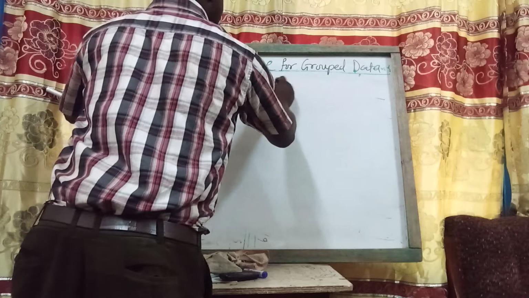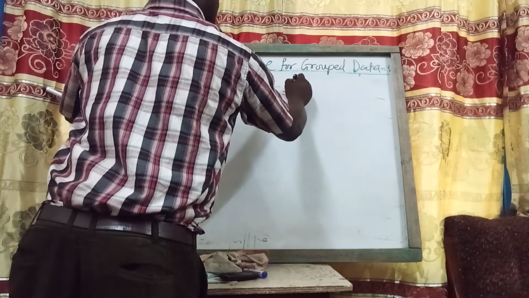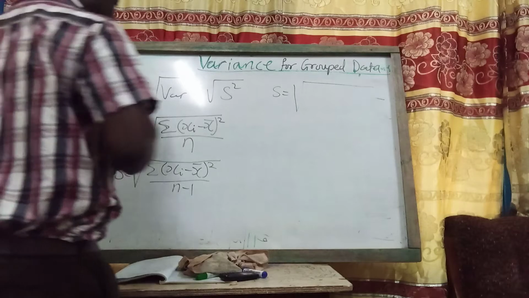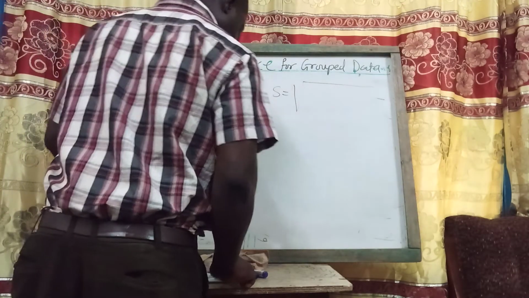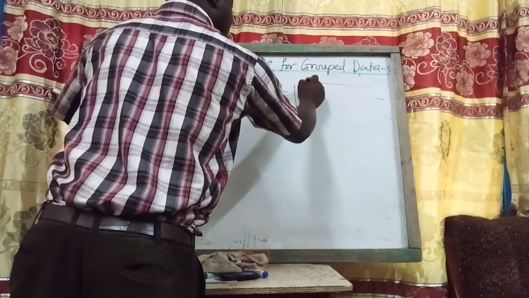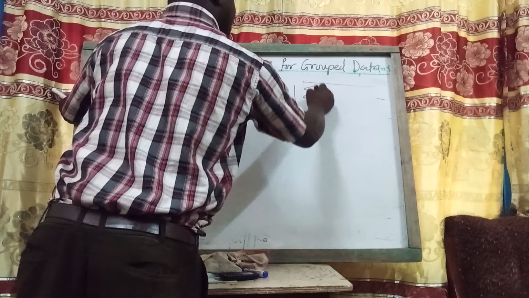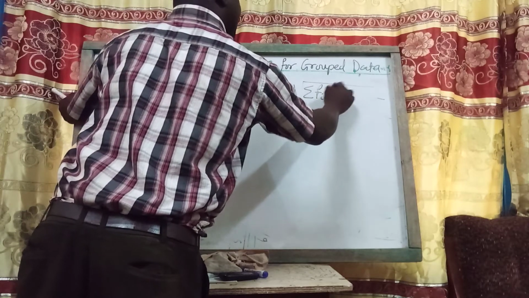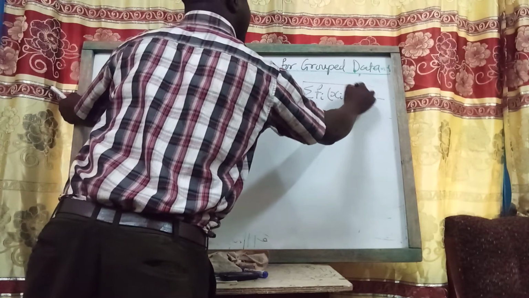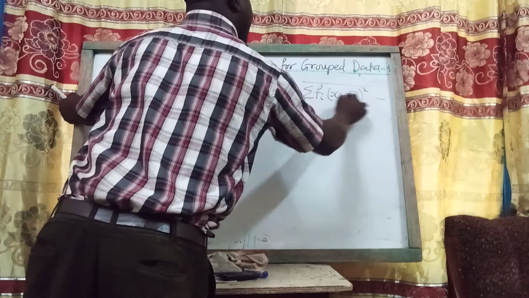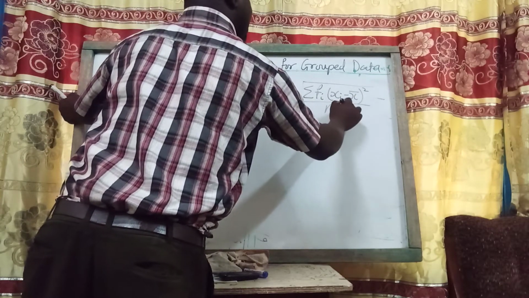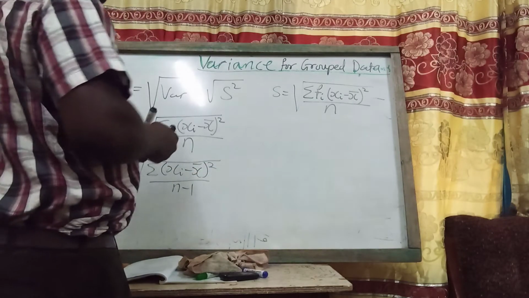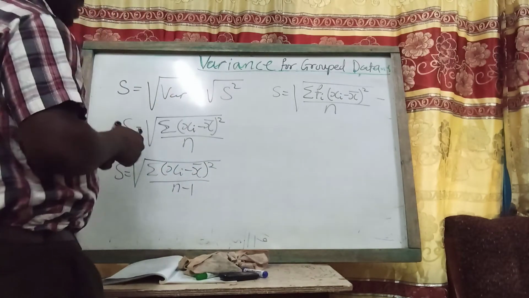The standard deviation can also be given as the square root of summation fi xi minus x bar, all squared, over n, or over n minus 1, whatever be the variance we could find.